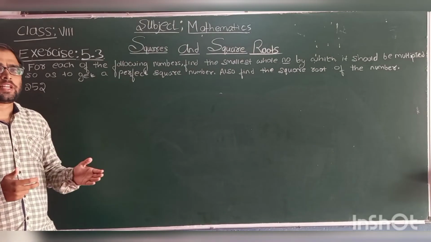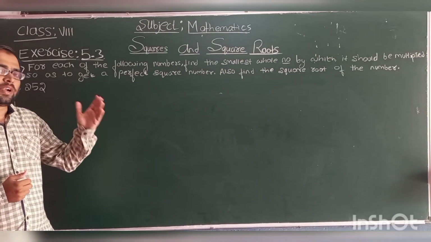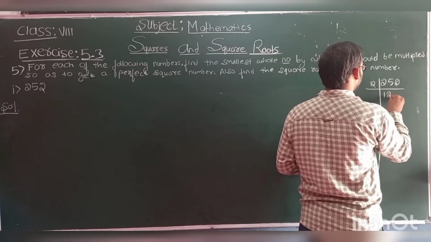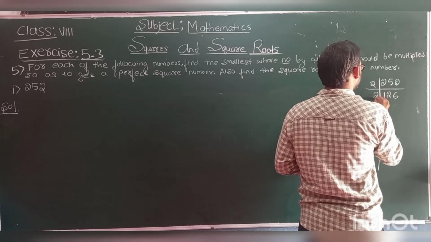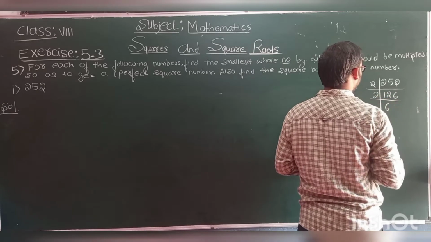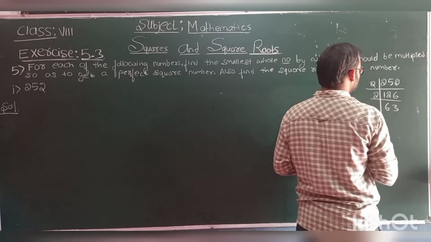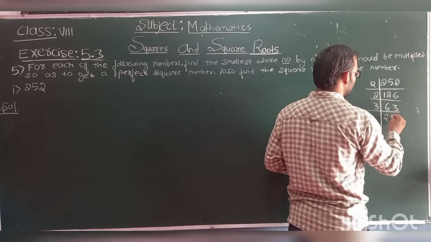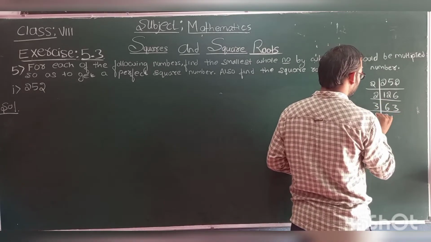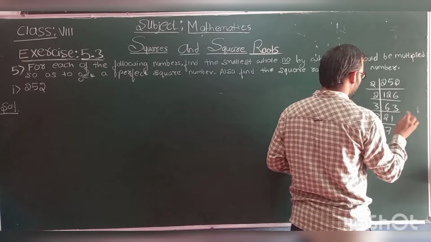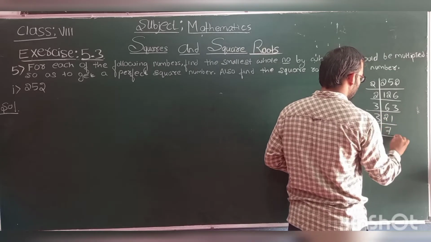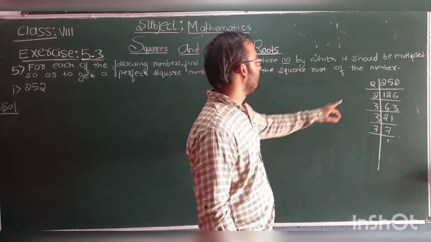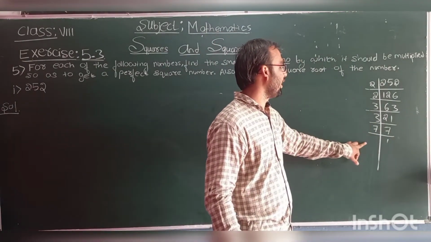To know that number, we need to factorize 252. 2 1s are 2, 2 2s are 4, 2 6s are 12, 2 6s are 12, 2 3s are 6. 3 2s are 6, 3 1s are 3, 3 7s are 21, 7 1s are 7. So here these are the factors of 252.